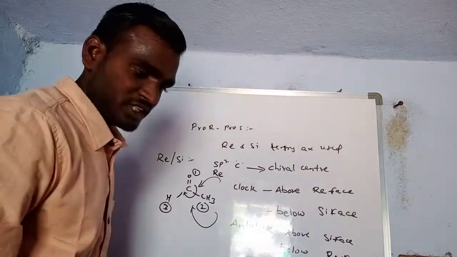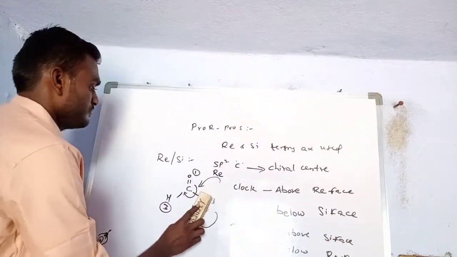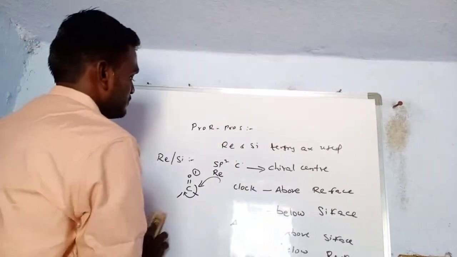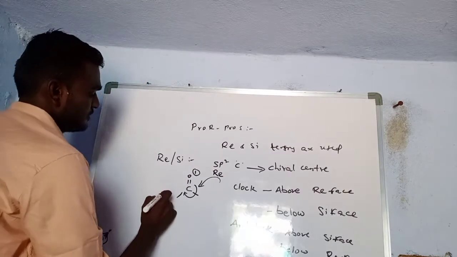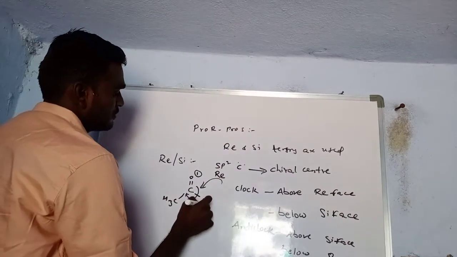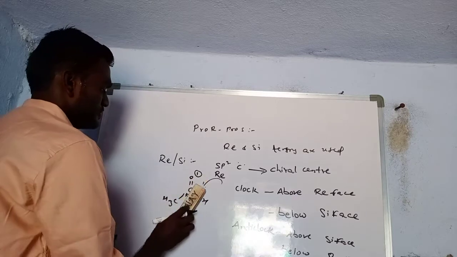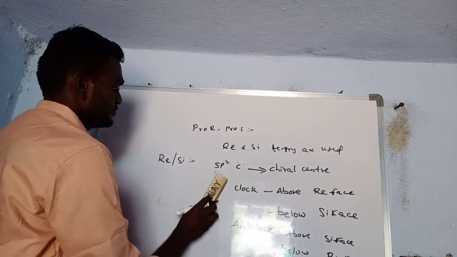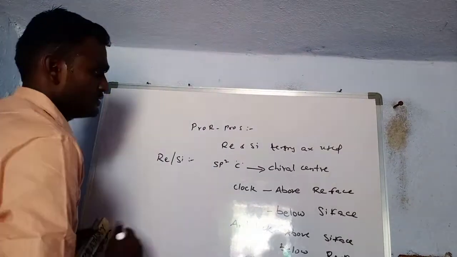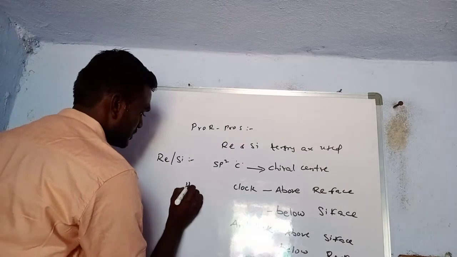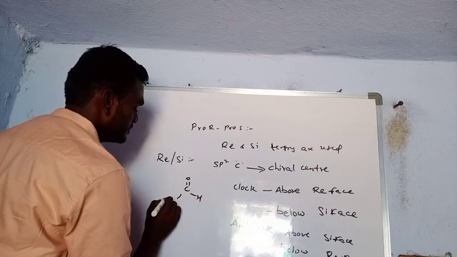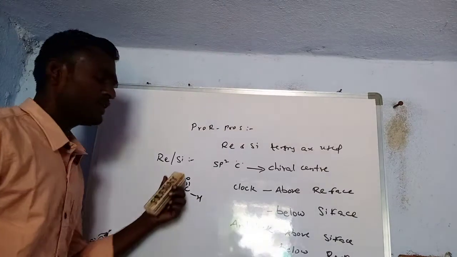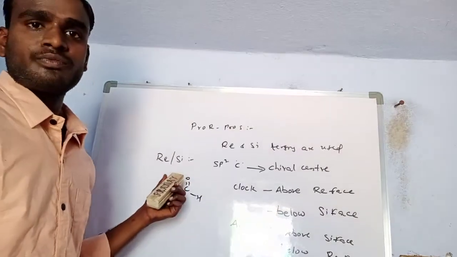Let me write the molecule once again. This is the carbonyl carbon, this is the hydrogen, and this is the CH3.